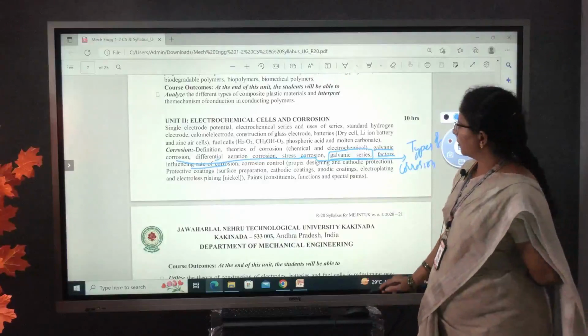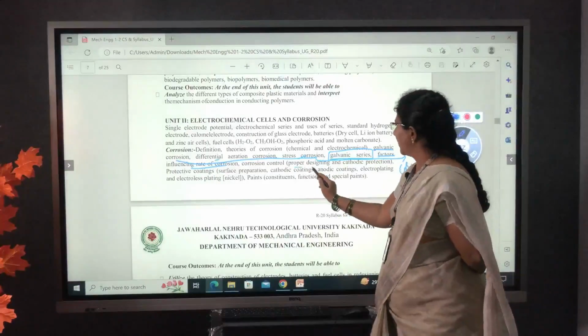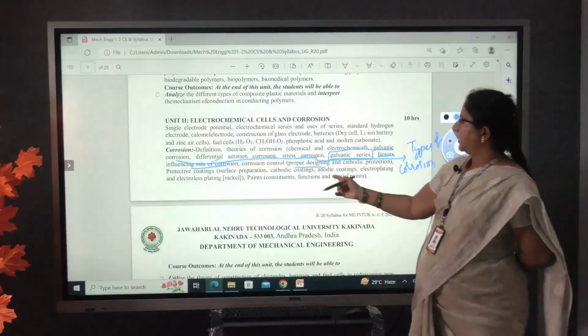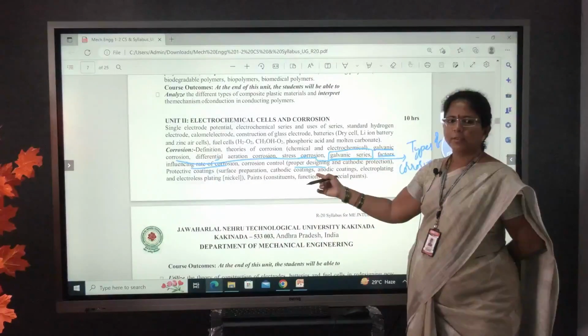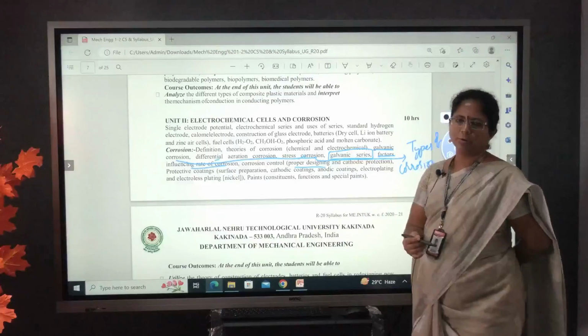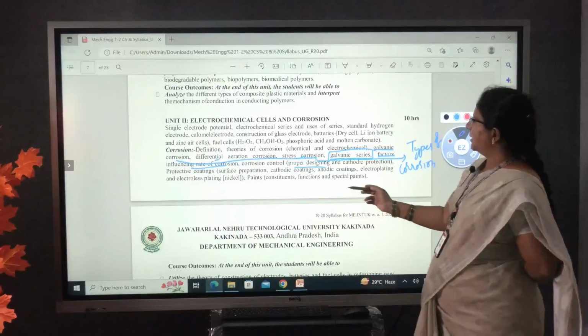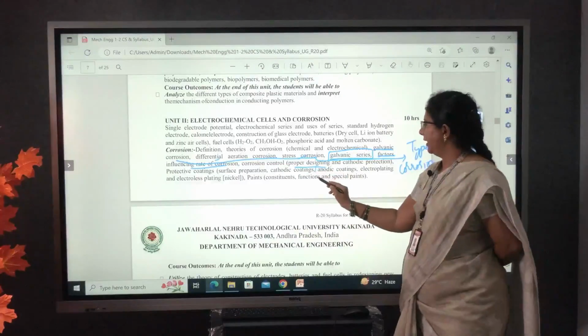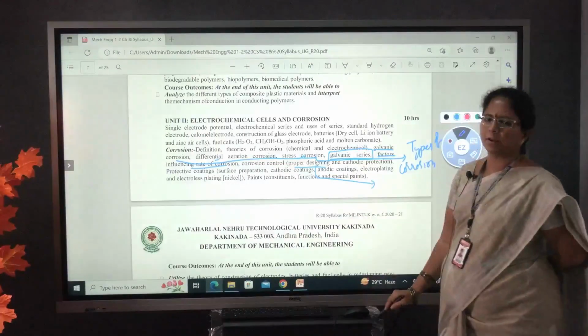So in corrosion control methods, the first control method is proper designing. So here what we will discuss is how the material is to be designed so that the material can be protected from corrosion. That means if a material is undergoing corrosion, the design should be such that it should not lead to localized or intense corrosion.